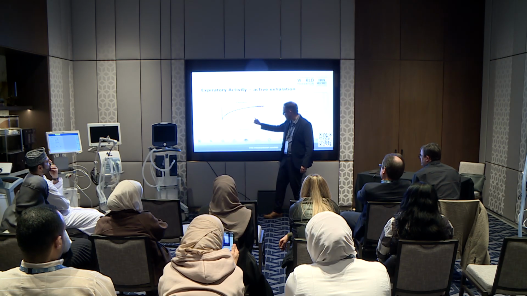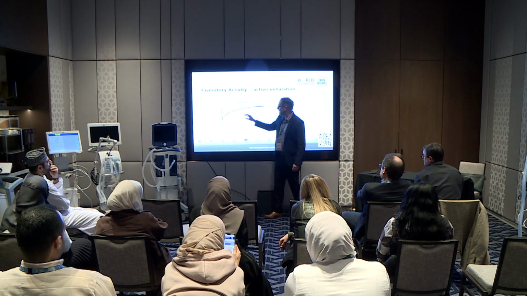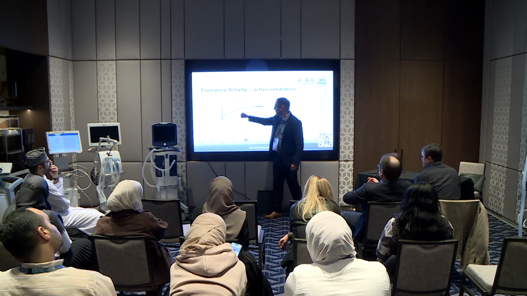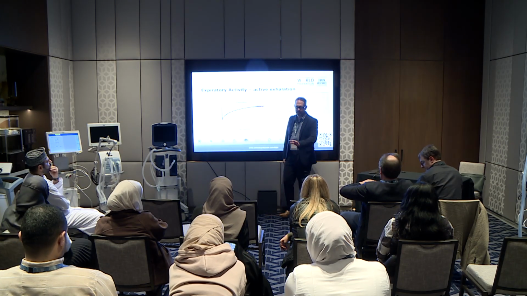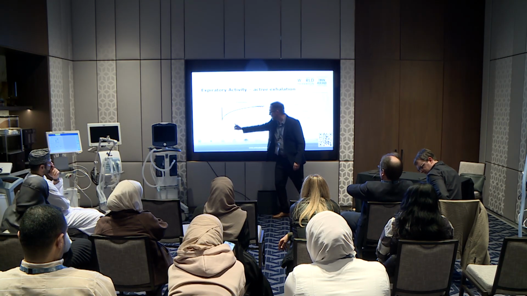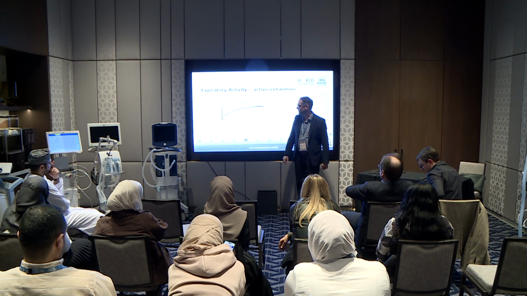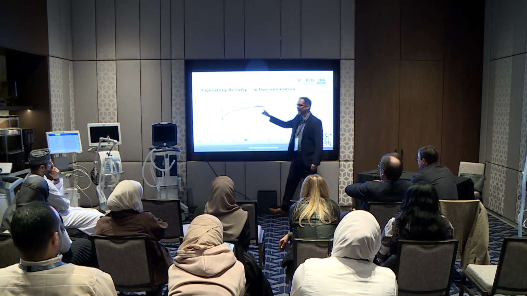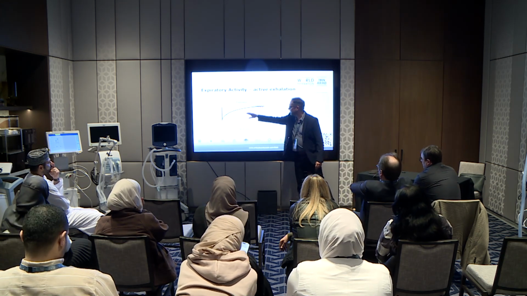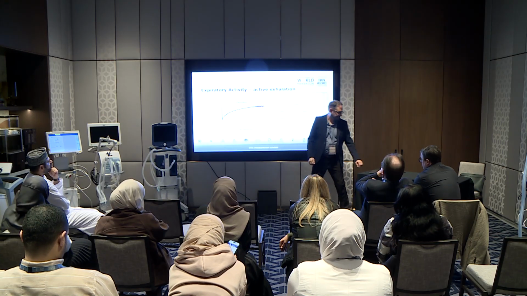You'll see it come back down like this and then they trigger. Sometimes it's hard to determine whether or not it's an ineffective effort, they breathe and nothing happens, or if it's a force. For that, you have to look at the patient. You'll see them forcing out. But generally, it pushes the flow down this way when they force out exhalation. Ideally, you want just passive exhalation. And I already explained how resistance and compliance, again, resistance flattens that out.